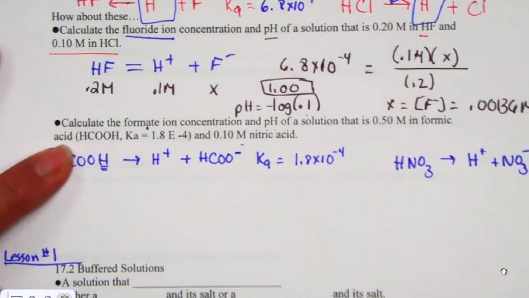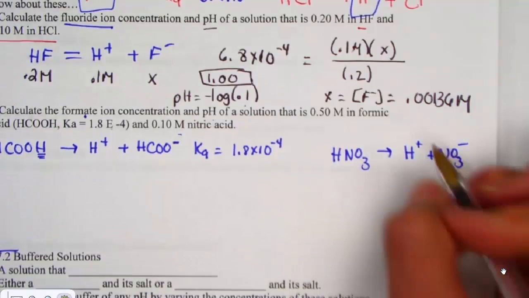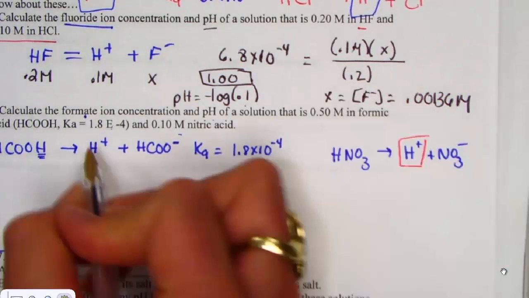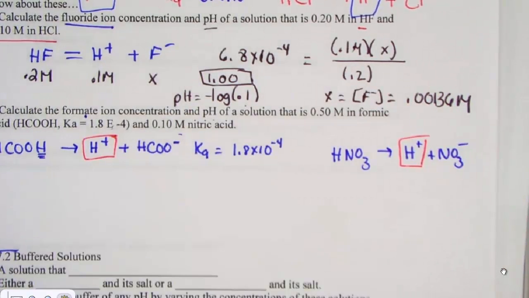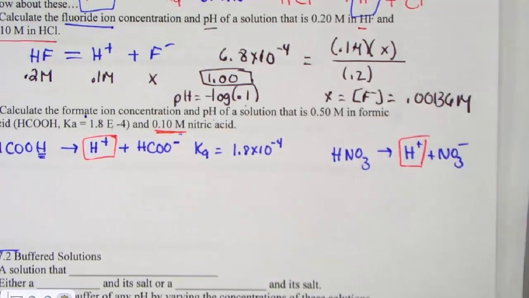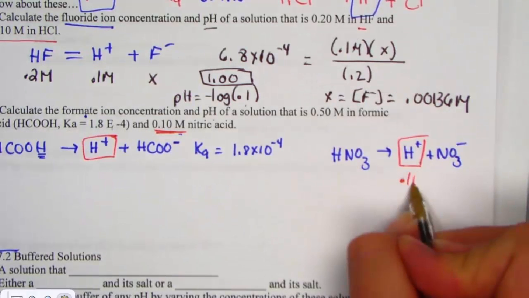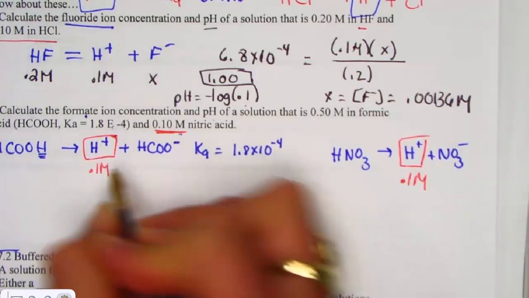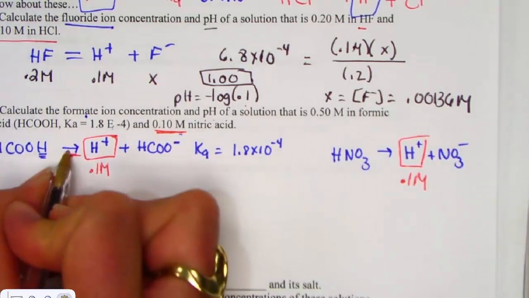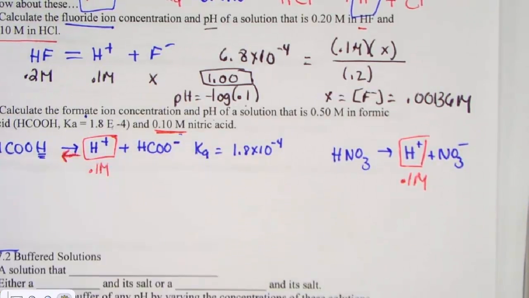The ion that these two equilibriums or these two reactions have in common is the hydrogen ion, the common ion effect. If nitric acid was 0.1 molar, that's the value I carry over to the equilibrium concentration, the ICE chart here.